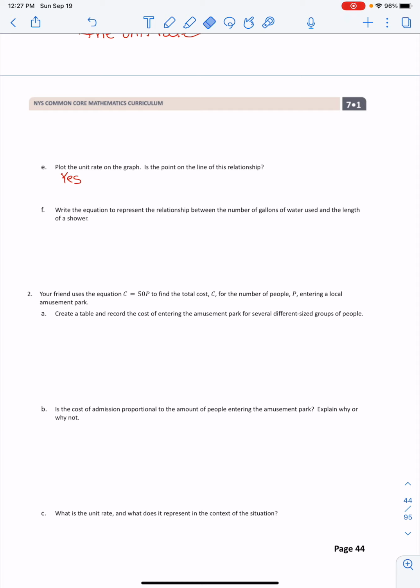So now, this point is 1 comma 1/3. That's what this point is, because it is the unit rate.